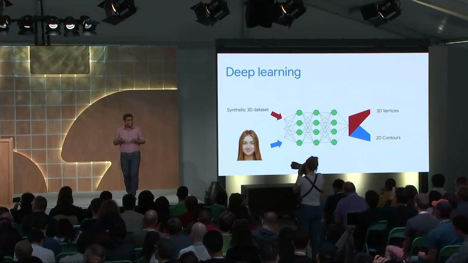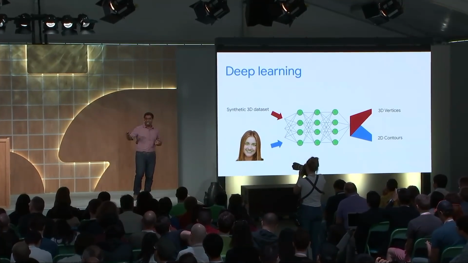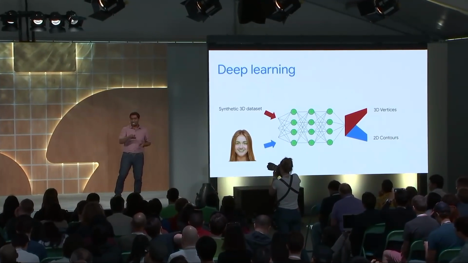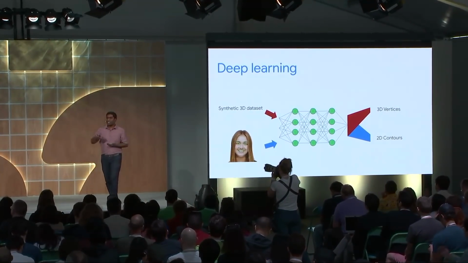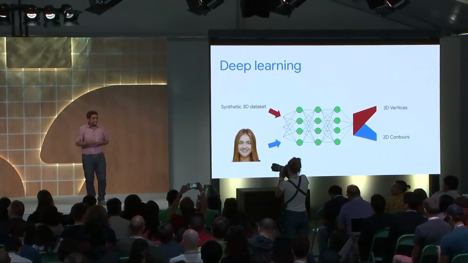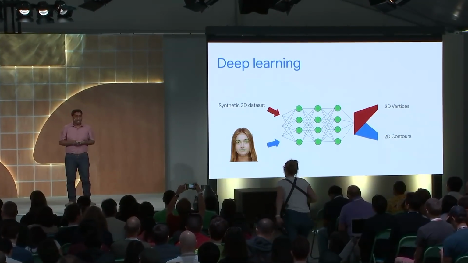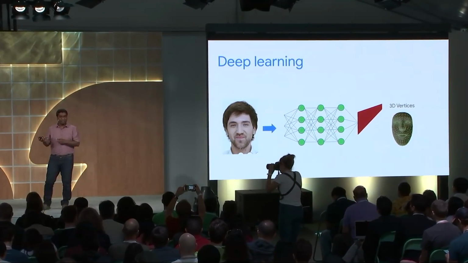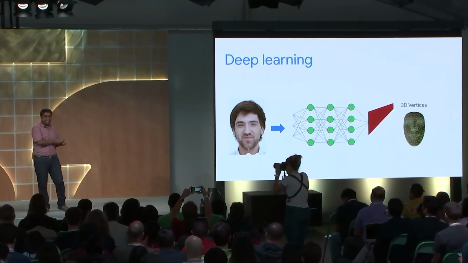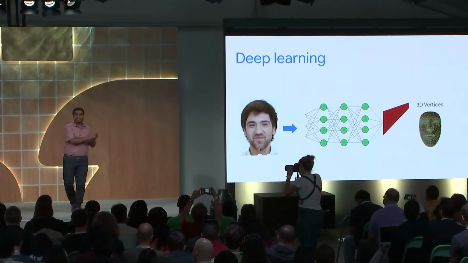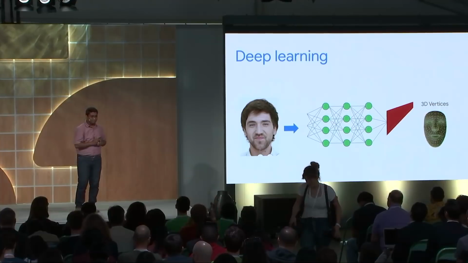In this next stage, we use an annotated real-world dataset to train the model for 2D contour prediction. The resulting network not only predicts 3D vertices from a synthetic dataset, but can also perform well on 2D images.